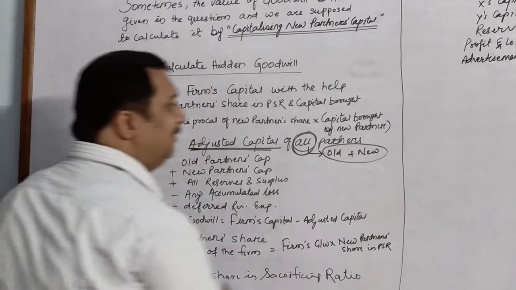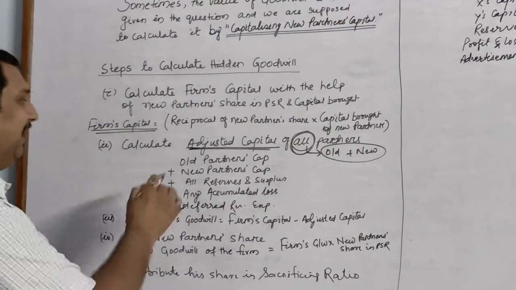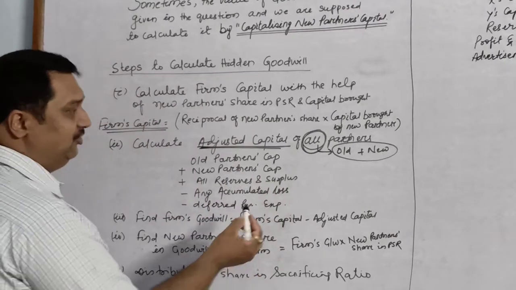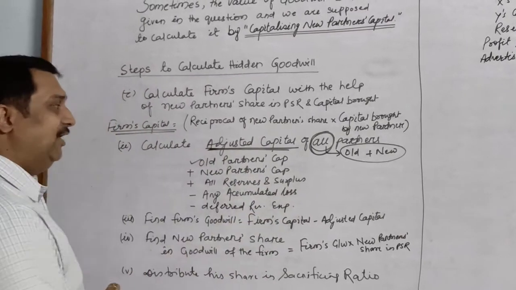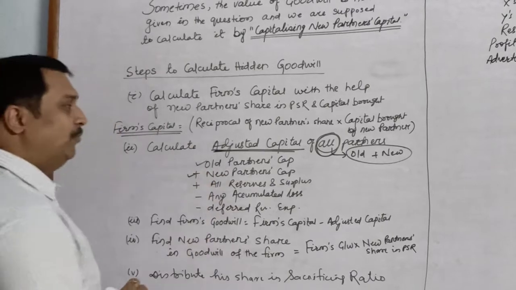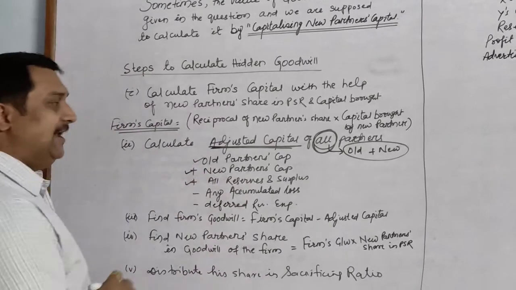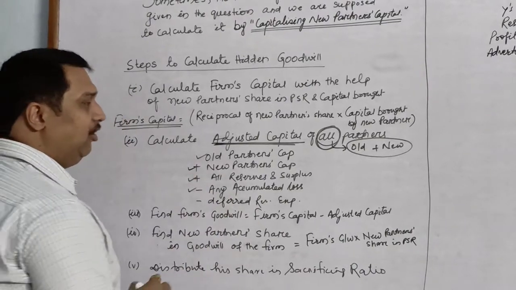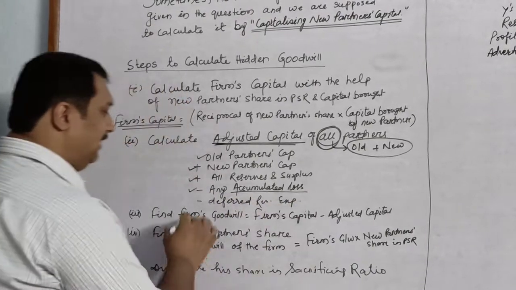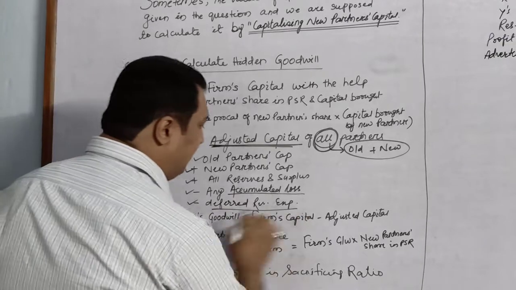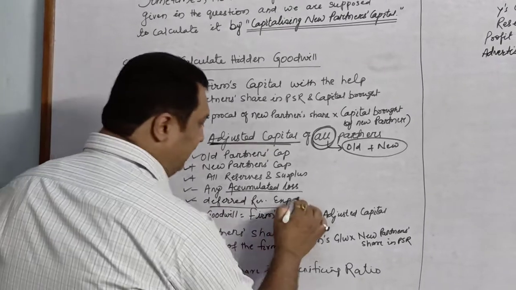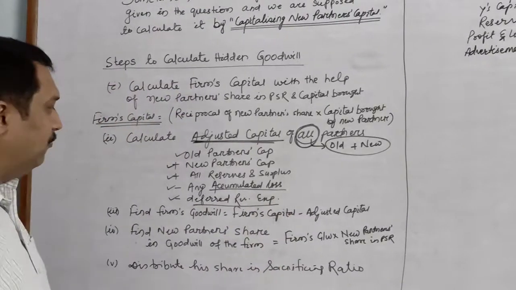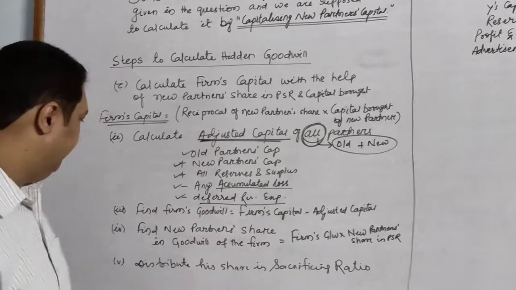All the partners' capital must be added along with other adjustments, like we will add old partners' capital, new partner's capital, and all the types of reserves and surplus. If there is any accumulated loss, that will be subtracted, and if there is any deferred revenue expenditure like advertisement, suspense account, all those must be deducted.